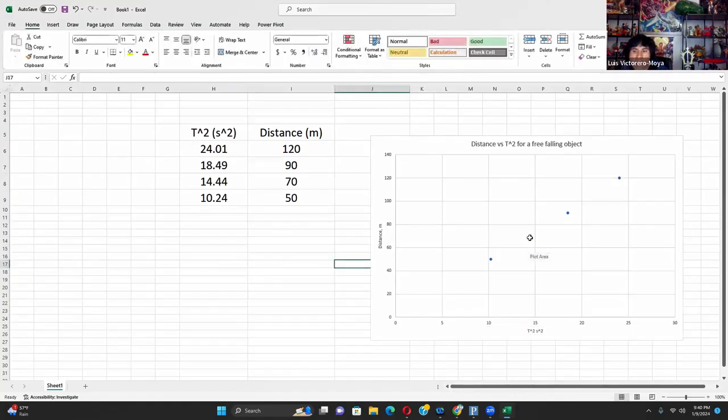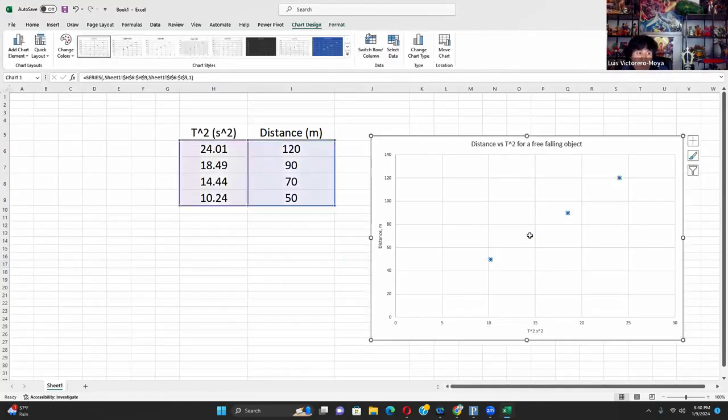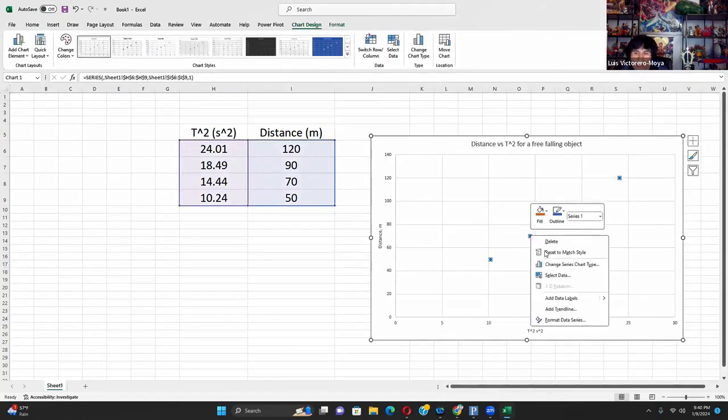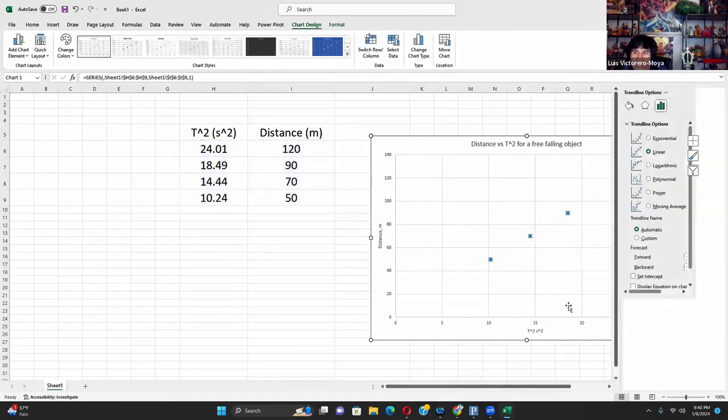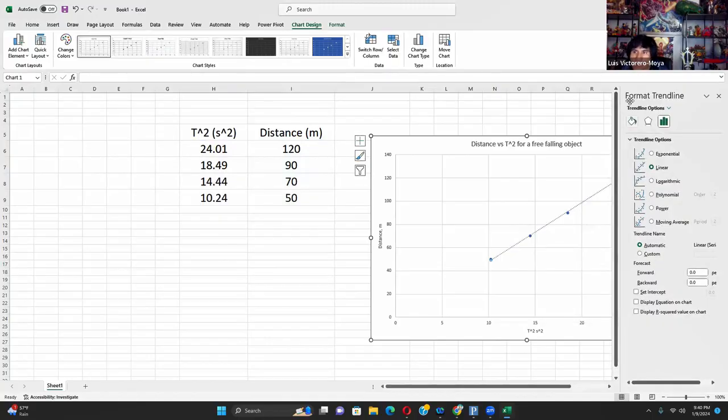That's almost there. How do you find the slope of a line? You do right click and then you add a trend line. It will give you this option, format trend line. You leave it in linear, you display the equation on chart, and that's it.